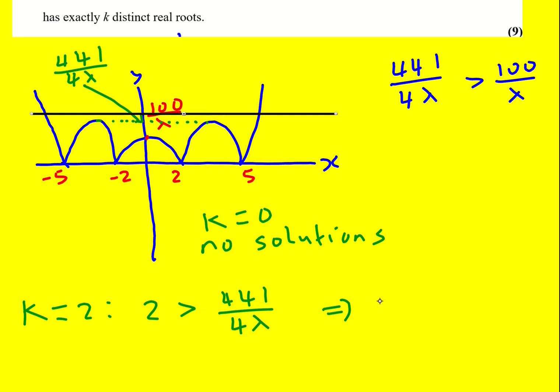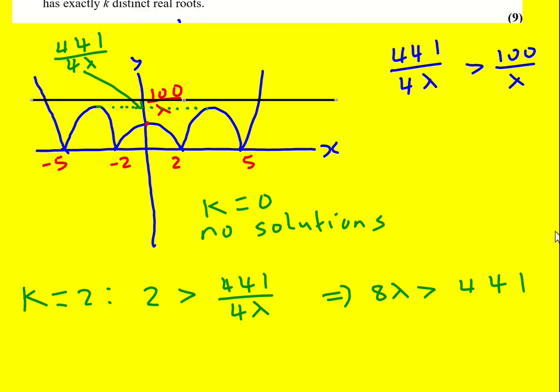And that's going to mean that 8 lambda is going to be greater than 441.